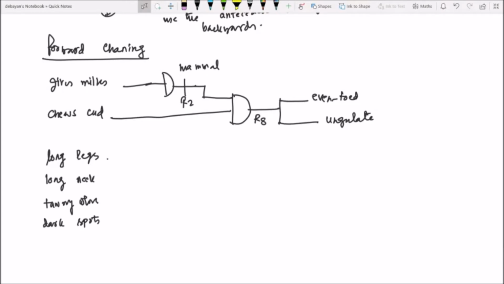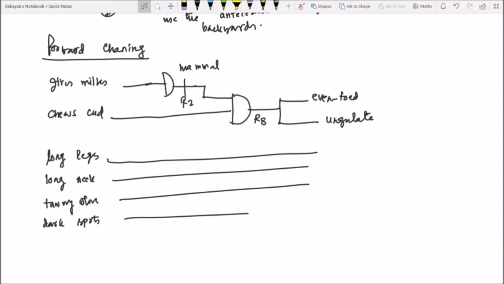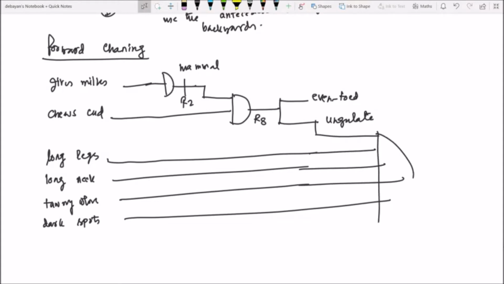Already he has found that it is an even-toed ungulate, and if we apply rule number 11, then we find that it comes out as a giraffe.